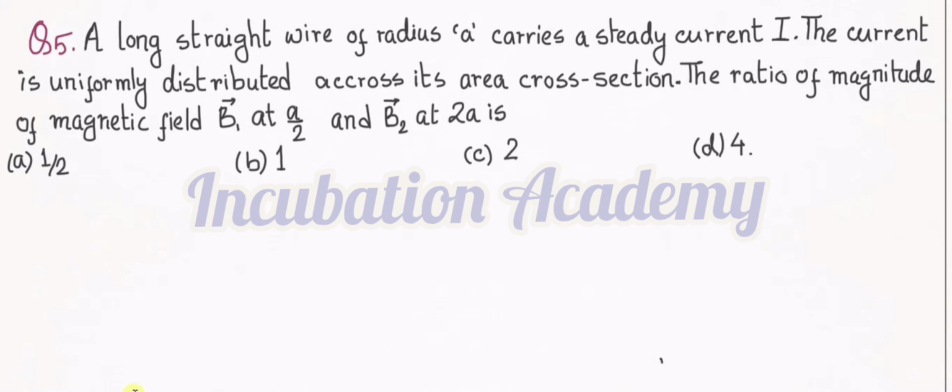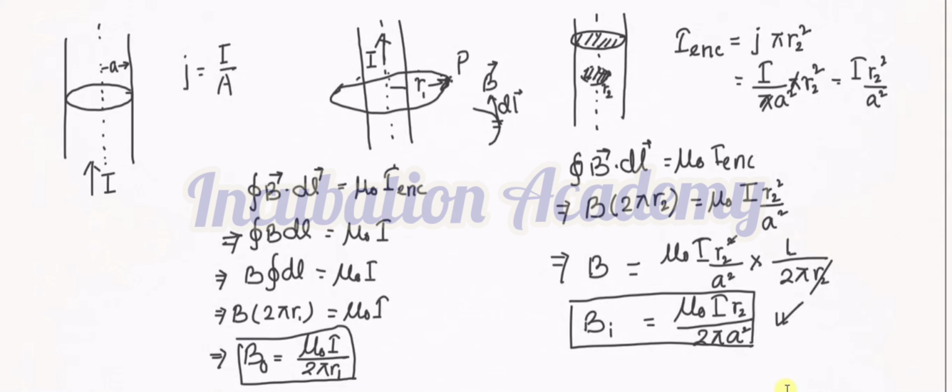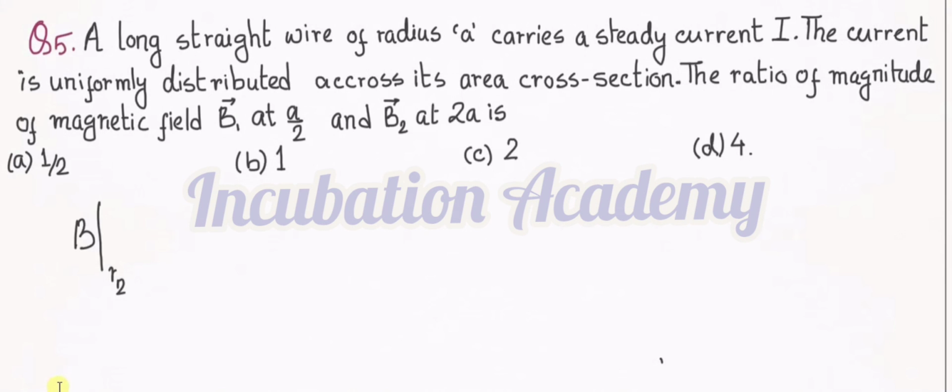Now if I place both of these here, when the magnetic field is B1, the point is inside, so that means r2, this equation is valid for inside. r2 is equal to A by 2. So that will be mu naught into I, and in the place of r2 I am placing A by 2, divided by 2 pi multiplied by A square.